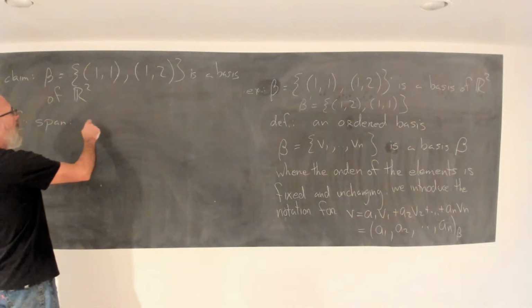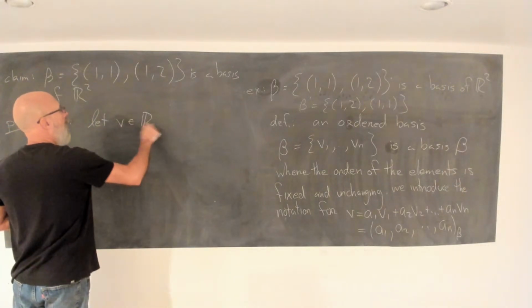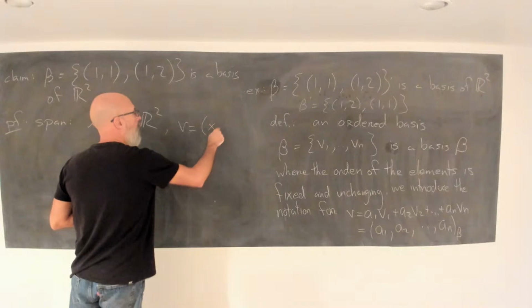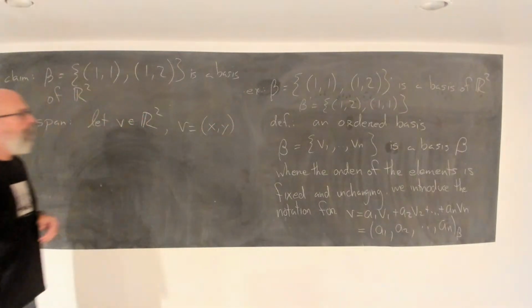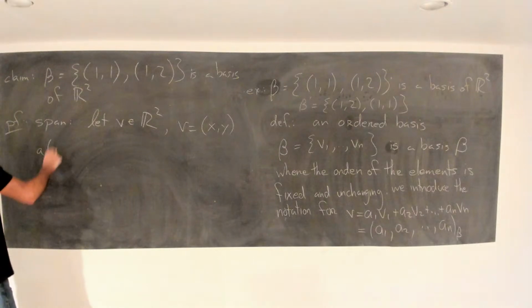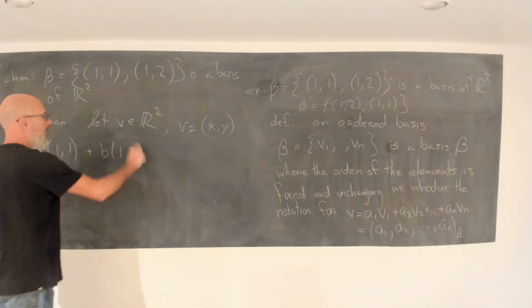So if you take a vector in R2, V has the form (x, y). Can you write it as a linear combination of elements in your basis?